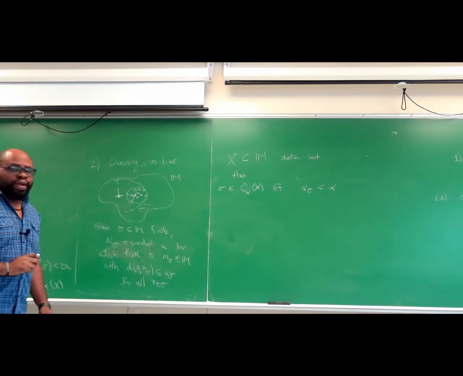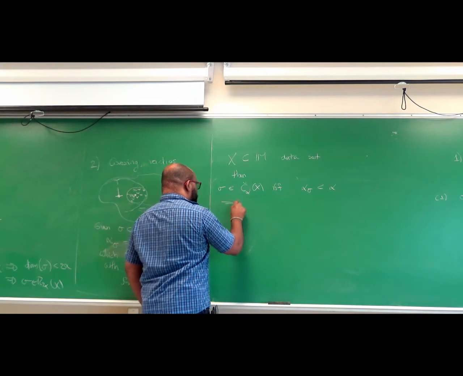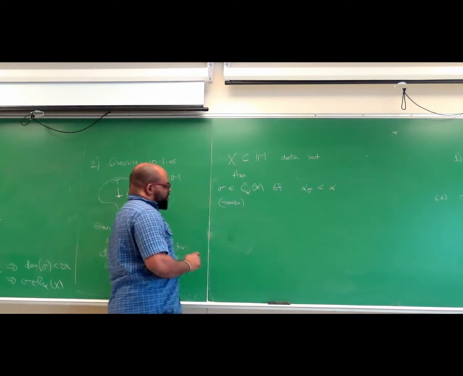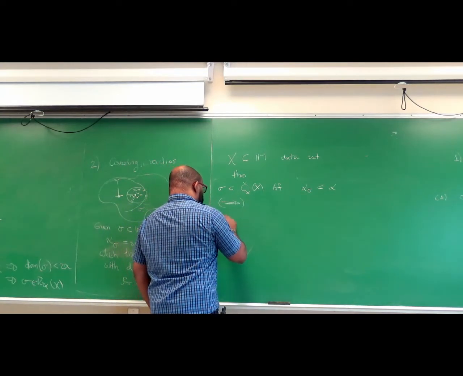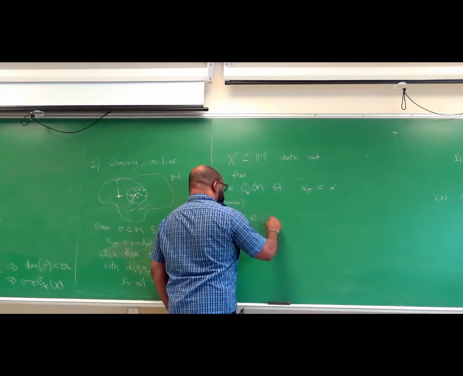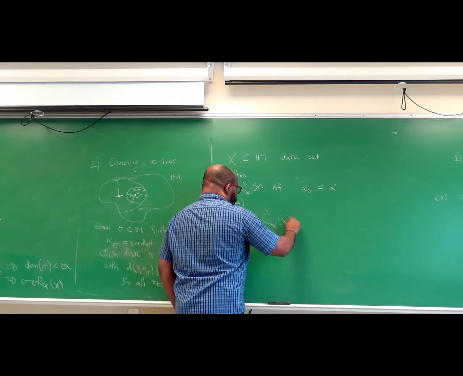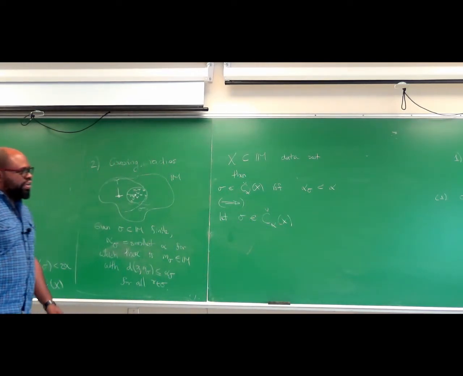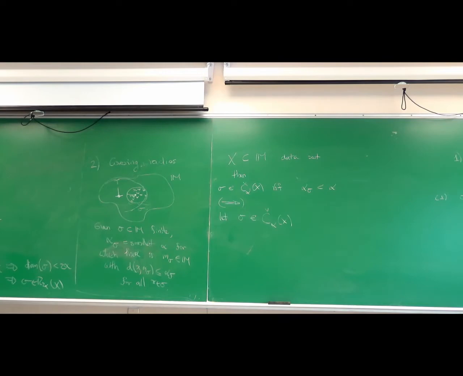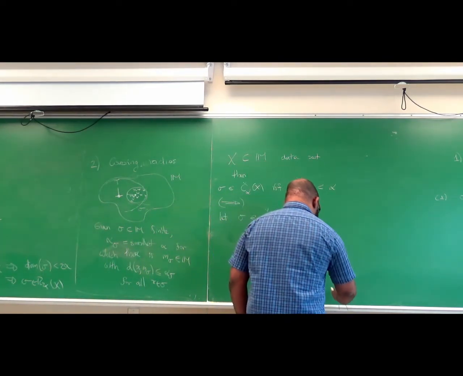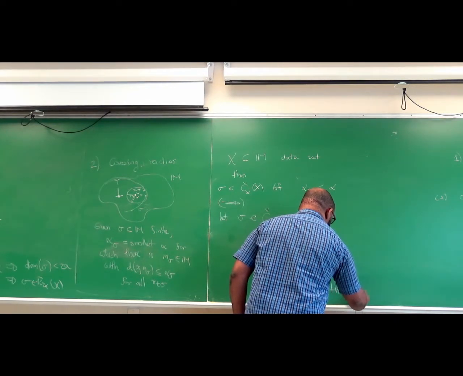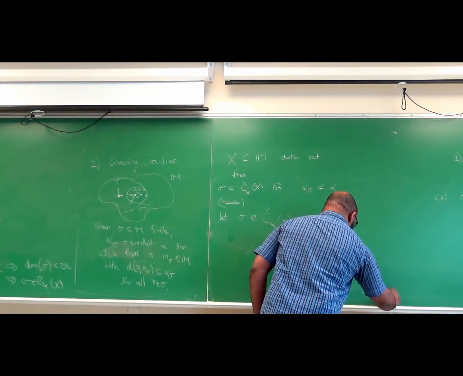Okay, so there are two directions we have to check. Let's say that we are going in that direction. So we're going to let sigma be in here. So somehow, some way, we have to show that the covering radius is less than alpha, right? So hopefully, with some work, we get to then the covering radius of sigma is less than alpha.